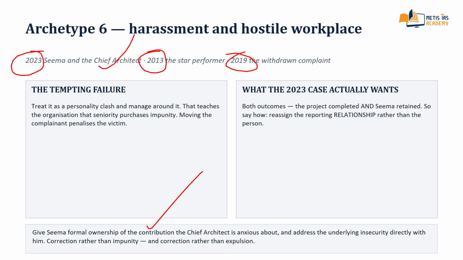Separation of the appraisal relationship during an inquiry, and a cultural audit that goes beyond a tick-box workshop.